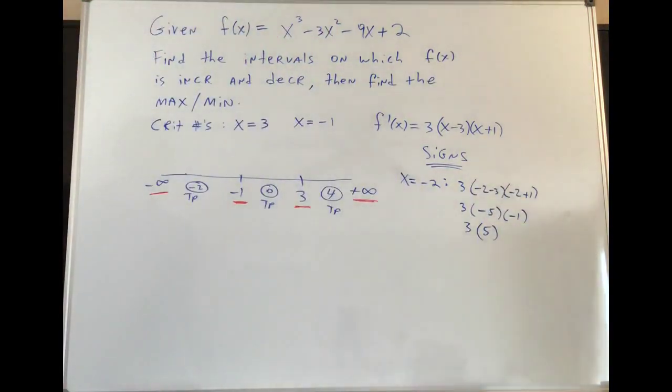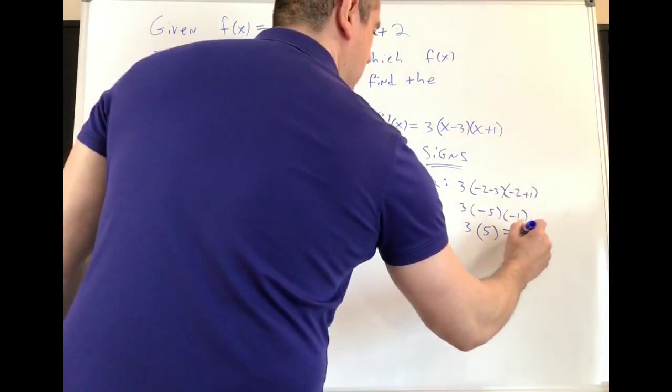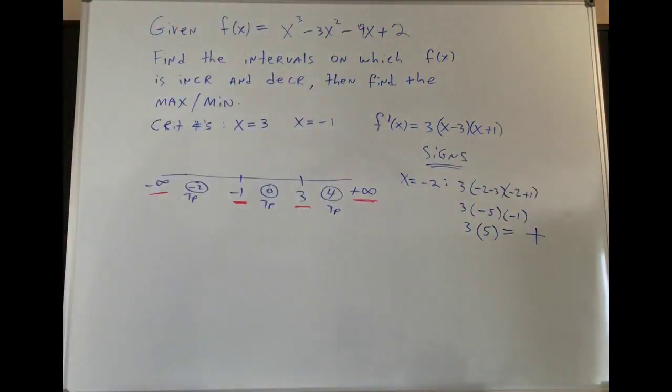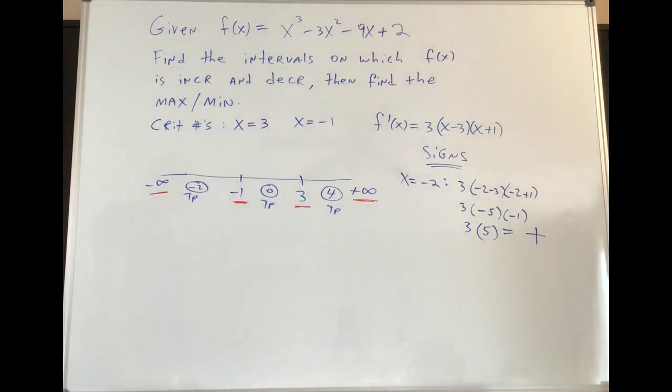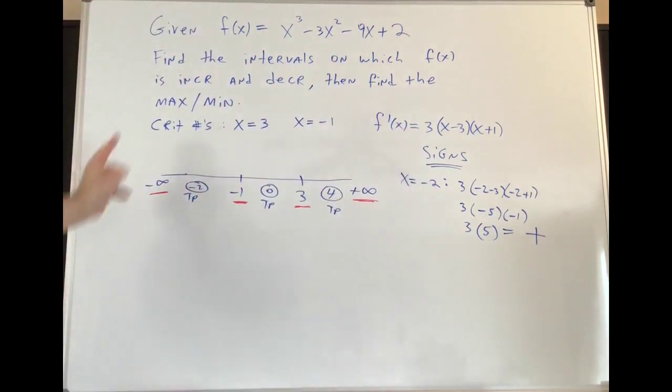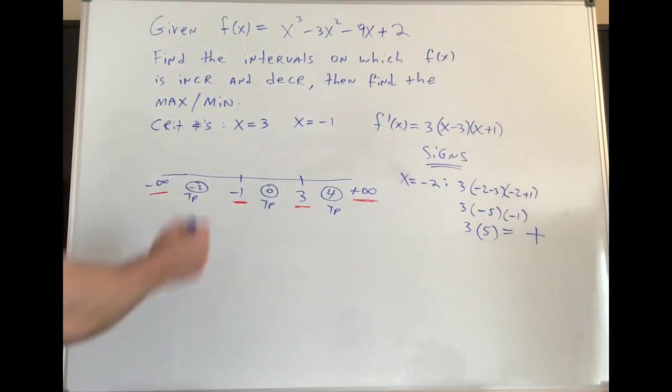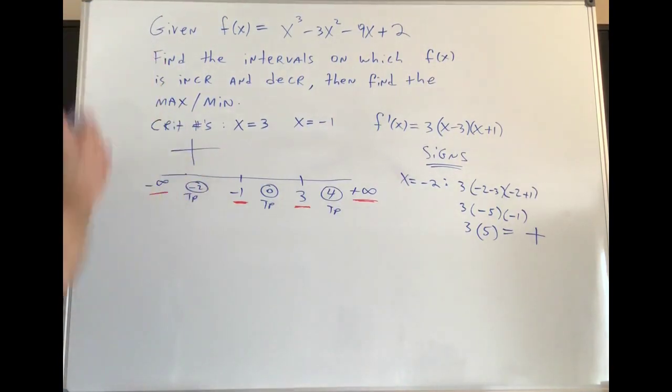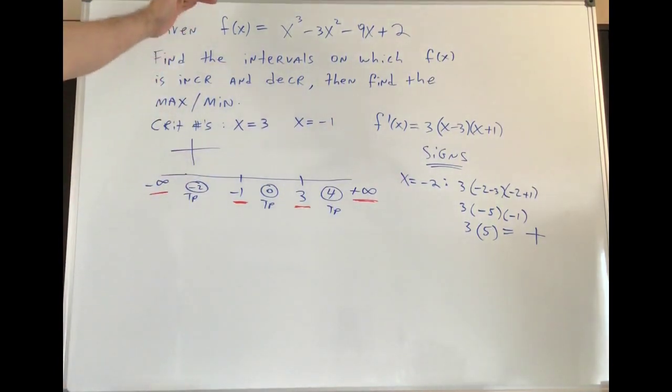Messed up my 3, so I get 15. Do I care about 15? No. I care that it's positive. I'm not looking at the value of the number. I am looking at the signs. If the derivative is positive, then the graph's going up. So I'm going to put a huge big plus here to indicate my graph's going up.